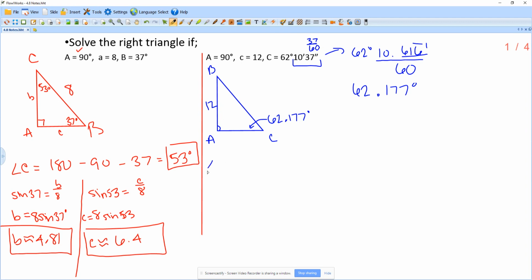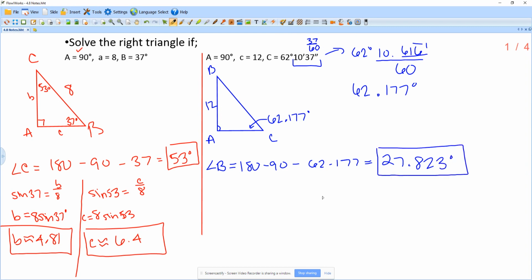The easiest thing to solve here is angle B, which is 180 minus 90 minus 62.177. And when I subtract that, I get a 27.823 degree angle. Next, I want the two sides. So we have side B and side A. I'll use the sine of angle C. So sine of 62.177 degrees equals 12 over A, opposite over hypotenuse.